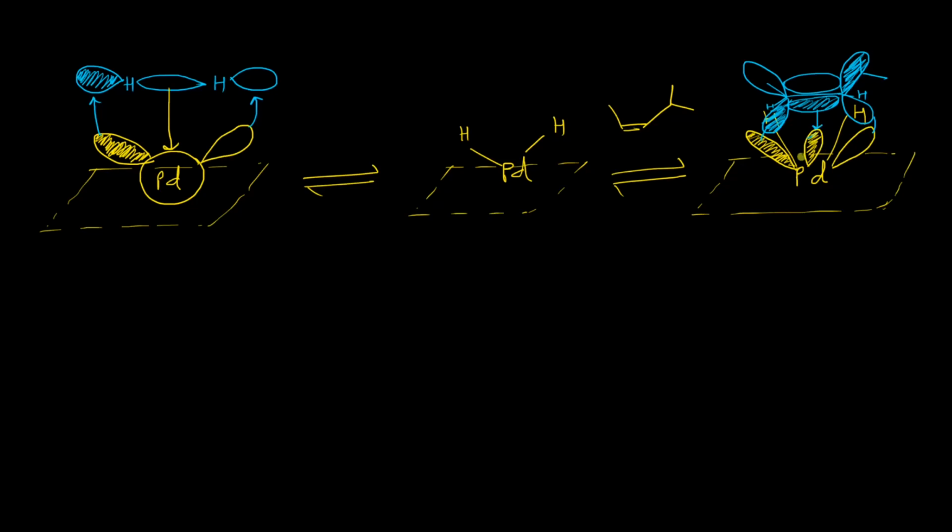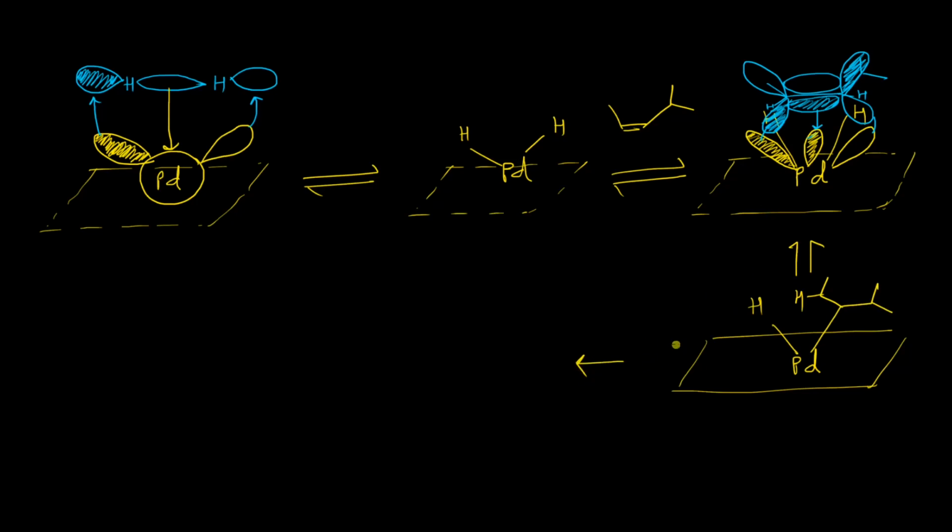As soon as this double bond is activated by the palladium through this kind of interaction, one of these adsorbed hydrogens will react with this alkene, and then in the last step the remaining hydrogen will react with this half-hydrogenated species, and it will eventually produce the desired alkane.